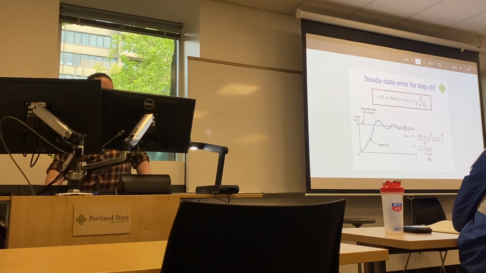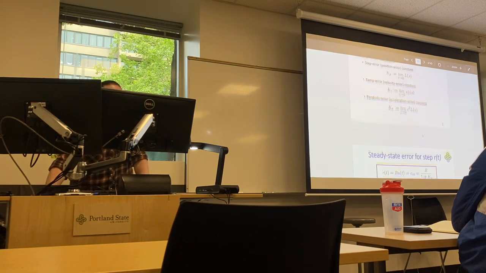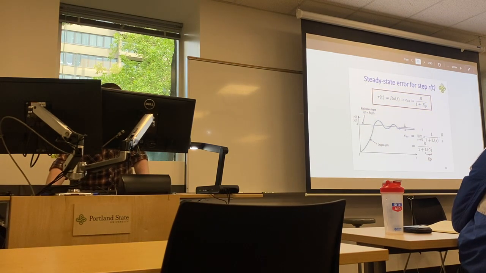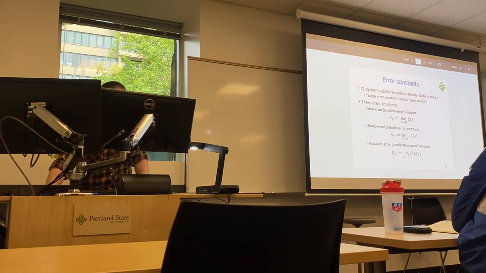So here's our system with nothing in the sensor, times R of S canceled out. This is where we end up getting our error steady state equal to R over 1 plus L of 0, which, L of 0, would be our KP position error.